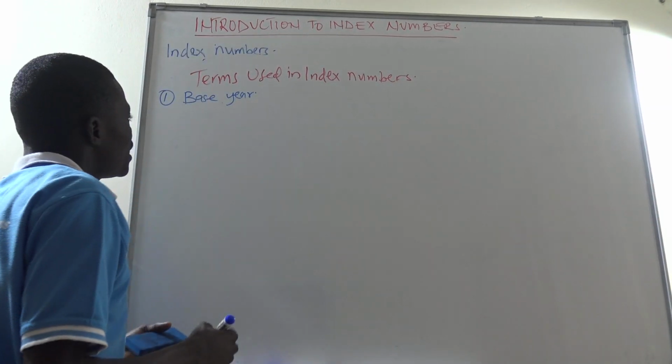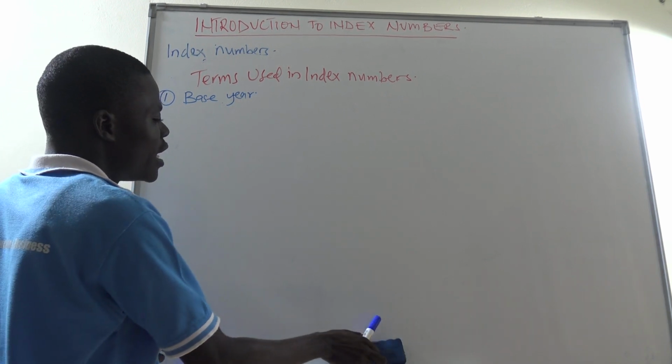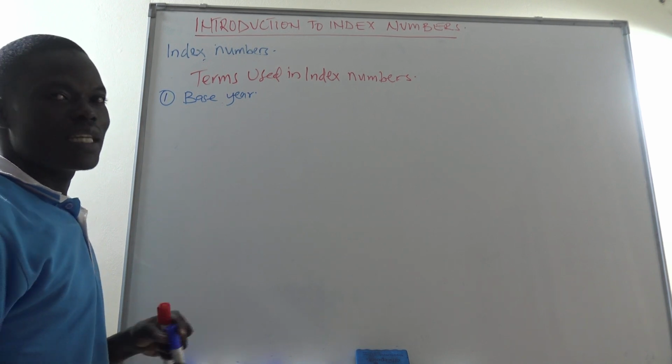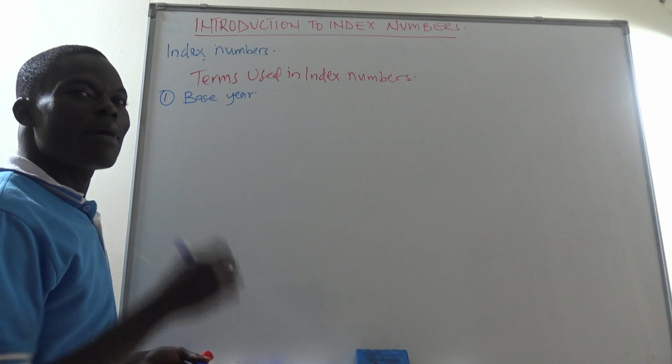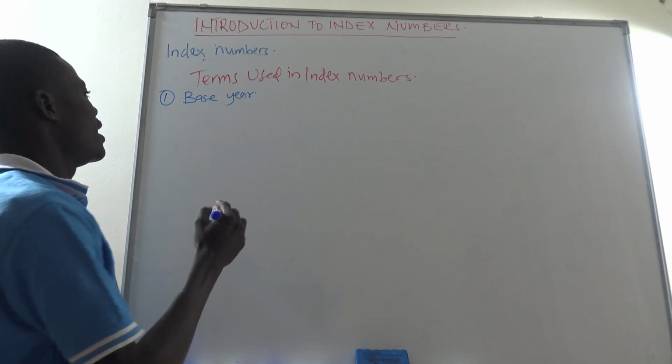So base year basically means the reference year from which you are being asked to calculate the index number, or where the price of index number changes from. That is what we call the base year.